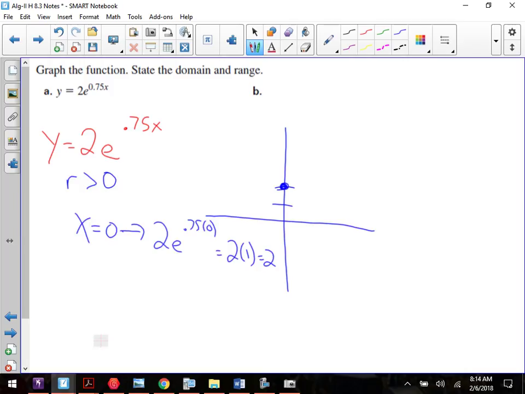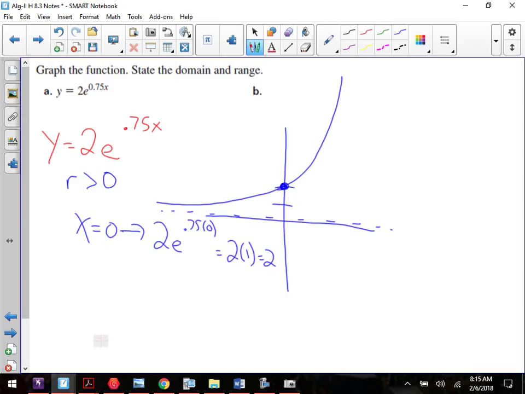From there, we still have that horizontal asymptote at 0. And its growth means it's just going up.